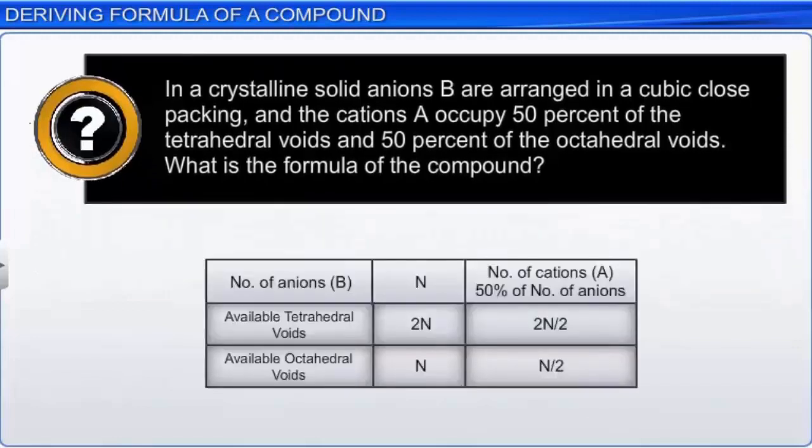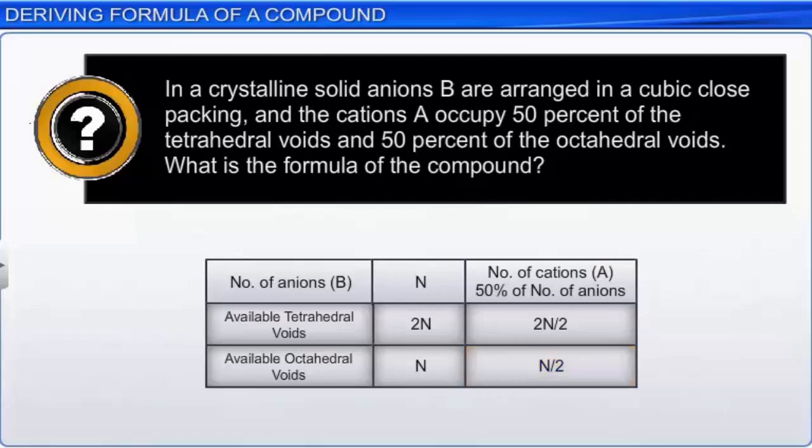Now anions B are arranged in cubic close packing. If N is the number of anions B, then the number of available tetrahedral voids is equal to 2N, and the number of available octahedral voids is N. Cations A occupy 50% of the octahedral voids. That is, cations A are present in N/2 octahedral voids.